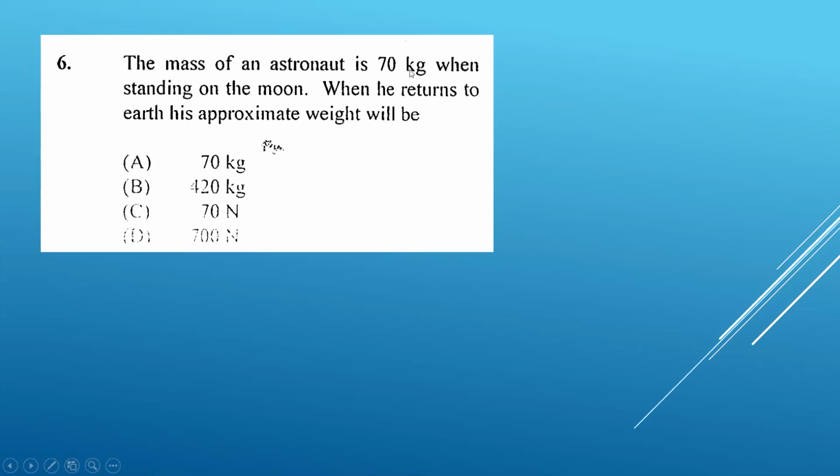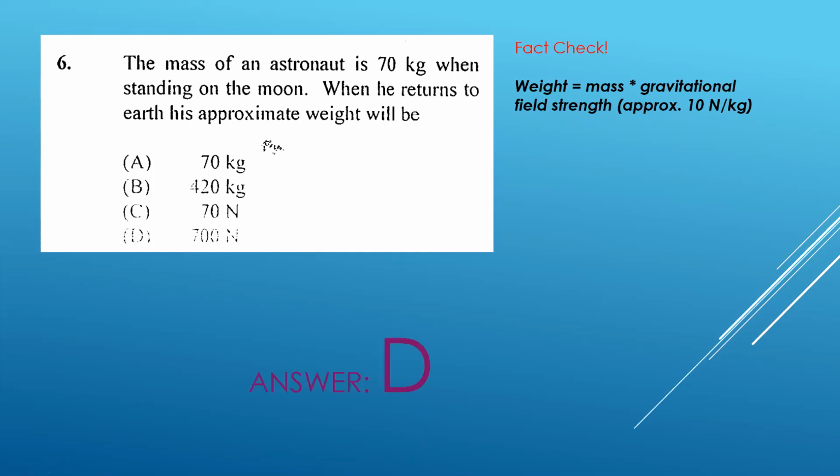So even though he's 70 kilograms on the moon, he'll still be 70 kilograms on the Earth. But what you have to find is the weight. Weight is the product of mass and the gravitational field strength, which is approximately 10 newtons per kilogram. If we multiply his mass, 70 kilograms, times 10, we should get 700 newtons. So the answer is D.